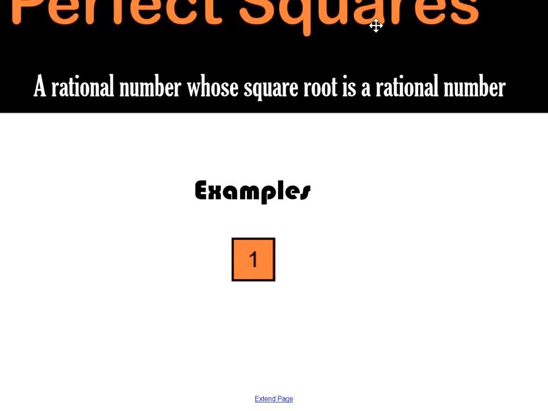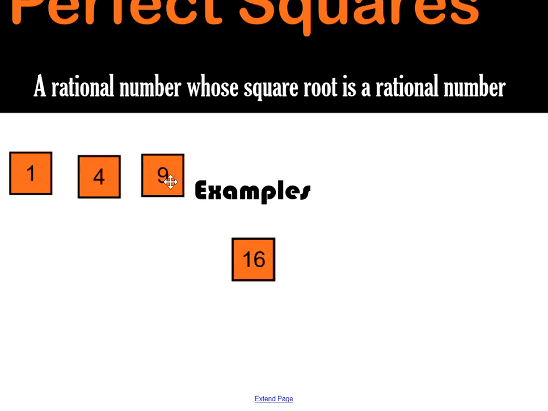First of all, a perfect square is a rational number whose square root is also a rational number. Basically what I'm telling you is numbers that can be gotten to by multiplying two of the same number together.